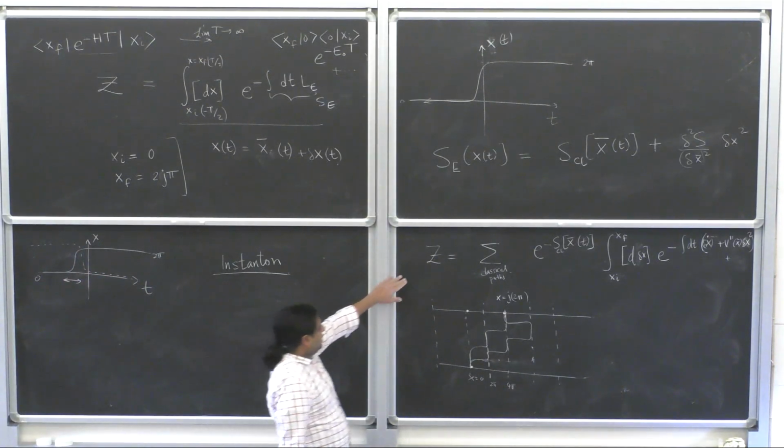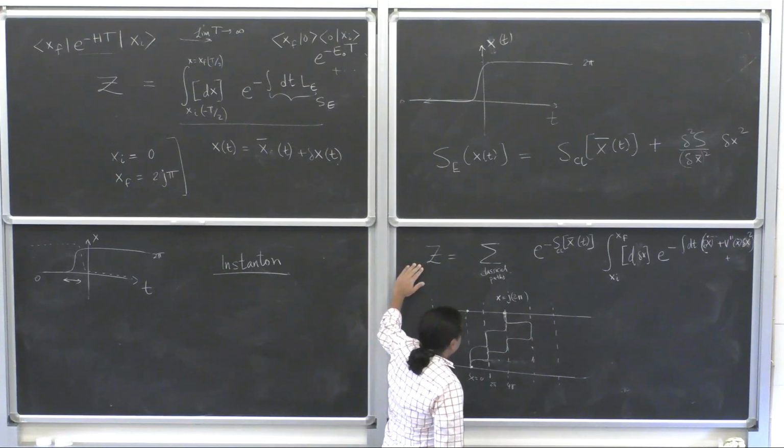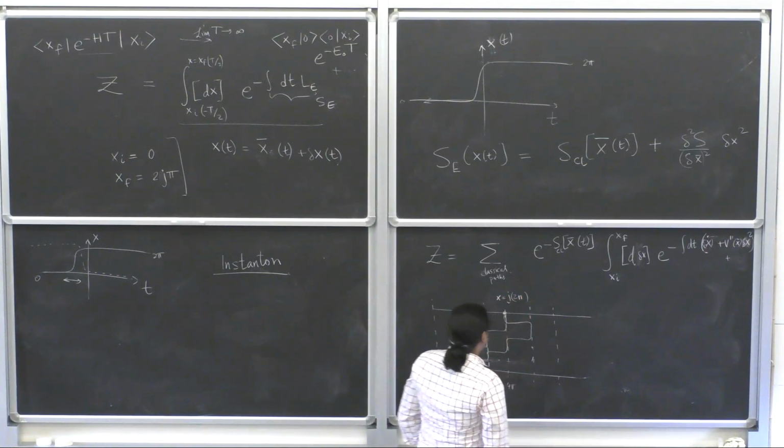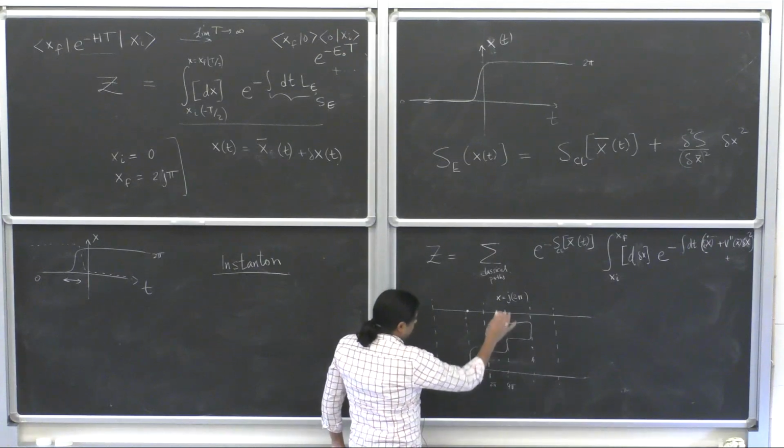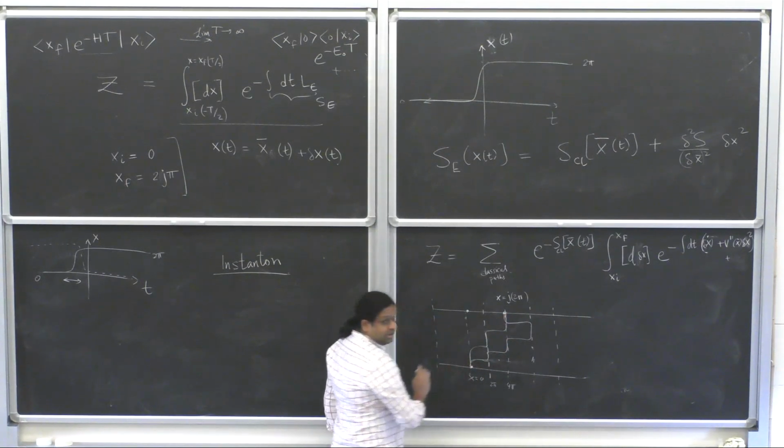So the Euclidean path integral can be evaluated as a sum over instantons and anti-instantons, all spread out in all possible ways such that these boundary conditions are satisfied.